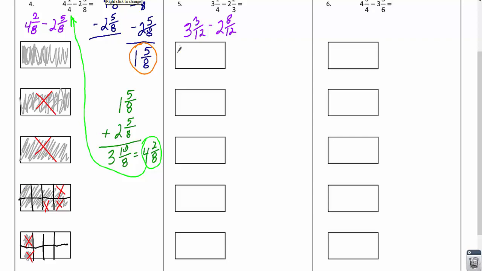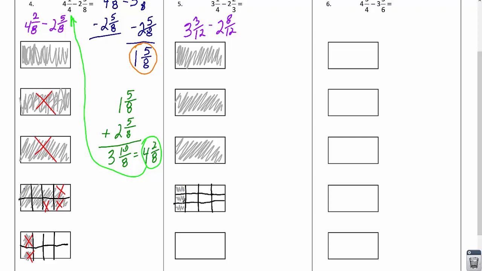So let's start out and shade in. There's 1, 2, 3, and we need 3/12. So 12ths, again, I find the easiest way is to get the 4ths, and then divide up the 4ths, and that ends up giving you 12ths, and we need 3 of those.